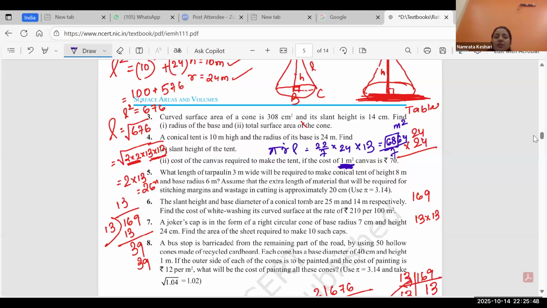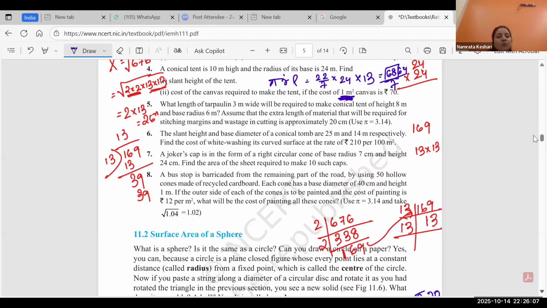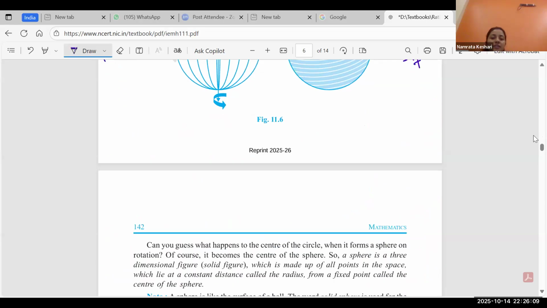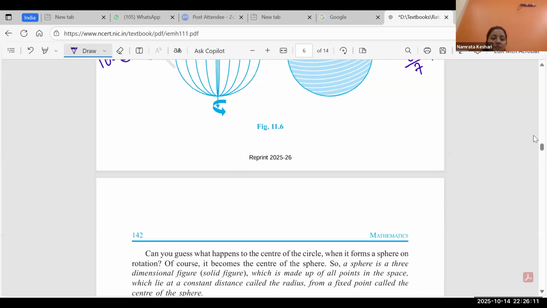If per 1 meter square cost was given as 210 rupees, then I would not have explained this question to you, because here 100 meter square price is given. So first of all, you need to find the price of 1 meter square. How? You will say for 100 meter square.